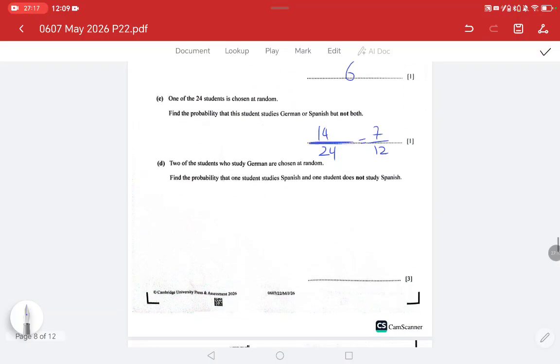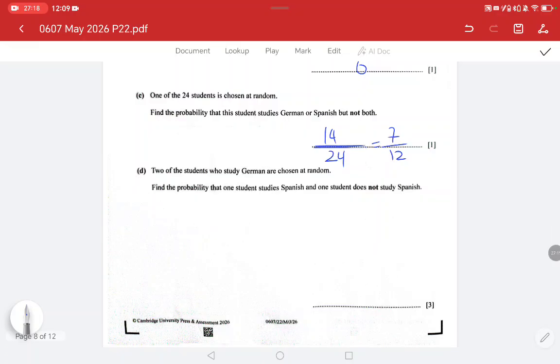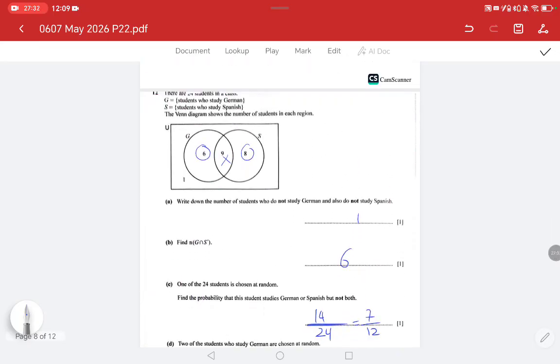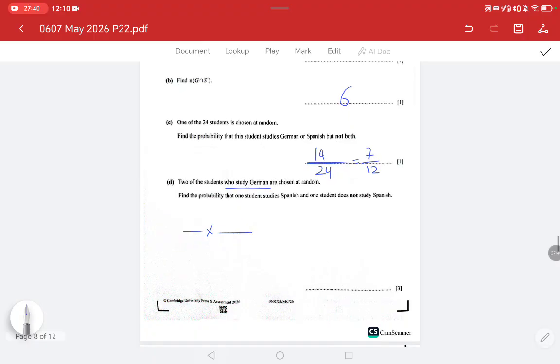Next one, we are talking about 2 of the students, so it means 2 fractions. Look, from where? Will I divide by 24? No, wait, they said who study German. So I have to see how many are studying German. We are talking only about this group. How many? 15.